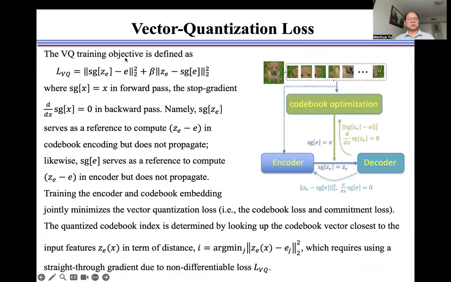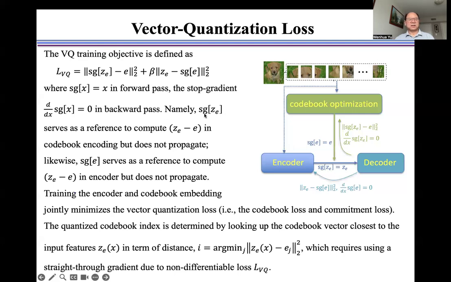The VQ training objective is defined as here, which includes two terms, namely codebook loss and commitment loss. Where SG is the stop gradient operator, the identity operator in the forward path, and zero gradient in the backward path.